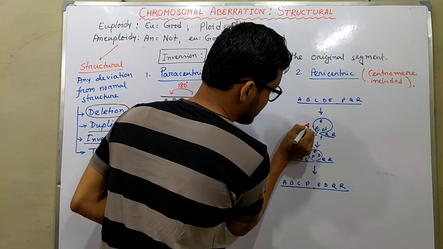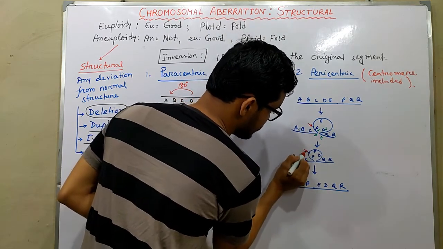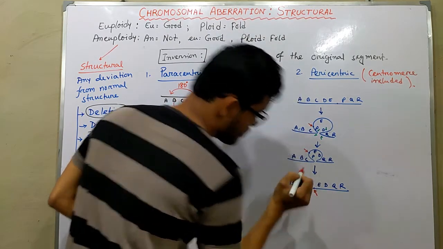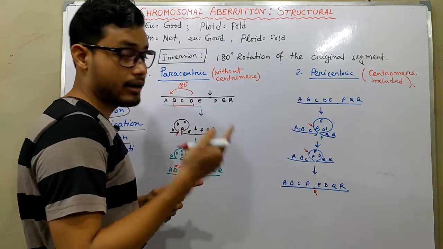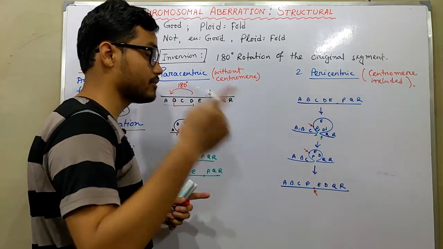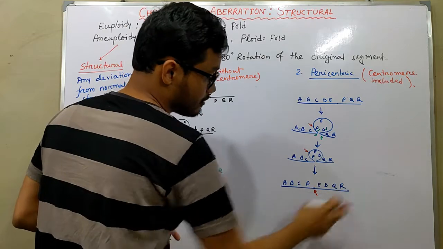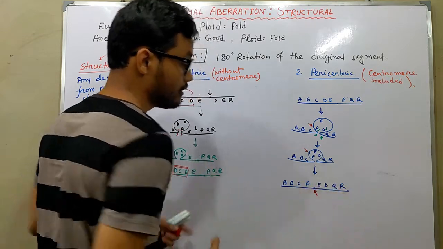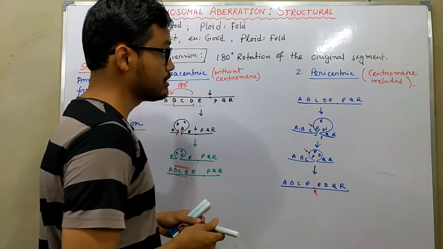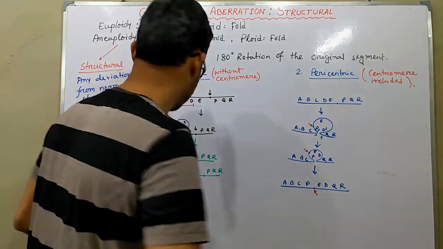The long arm is converted to a short arm and the short arm to a long arm, so both arms are now equal in size. So this is about the pericentric inversion.